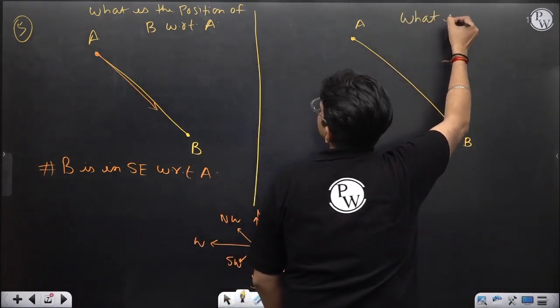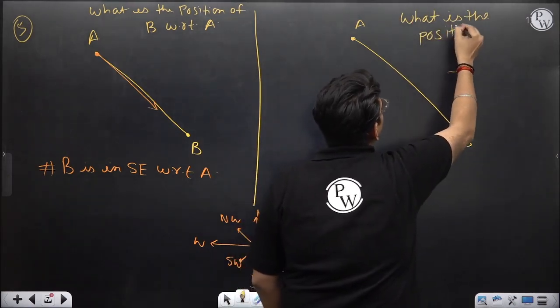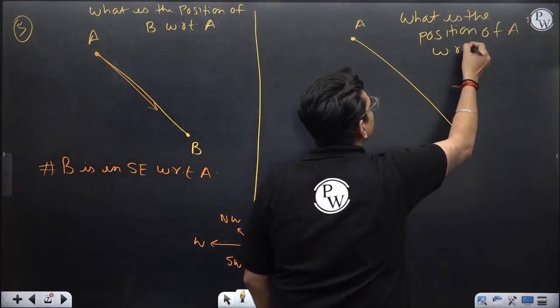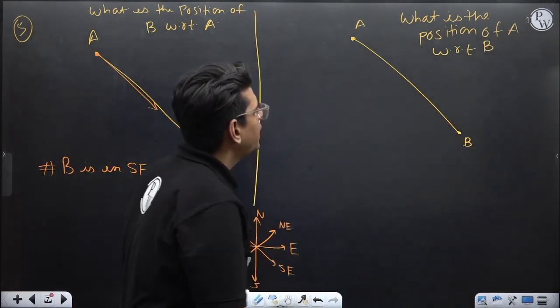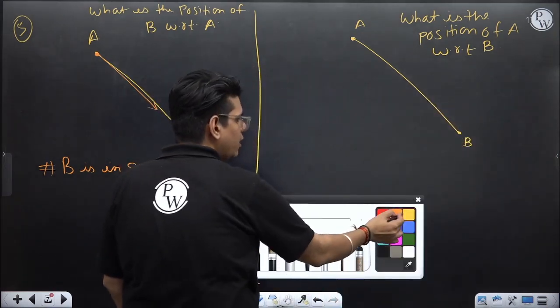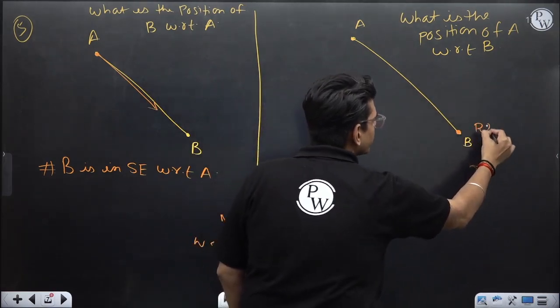what is the position of A with respect to B, right? With respect to B means B is our reference point.